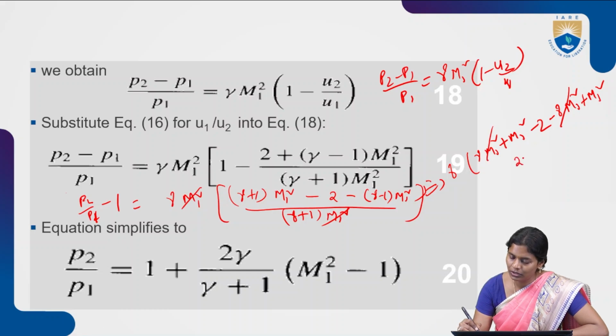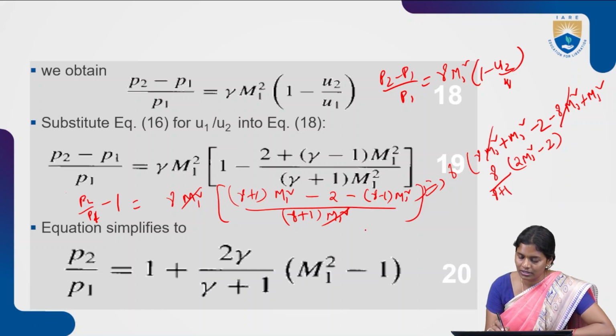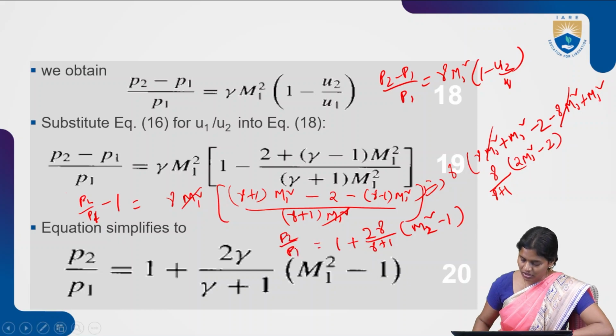So then we will be having 2 M1 square minus 2 into gamma divided by gamma plus 1. So further we can write it as 2 gamma by gamma plus 1 into M1 square minus 1. So if we take this to the right hand side, 1 plus 2 gamma by gamma plus 1 into M1 square minus 1, that is P2 by P1, right?